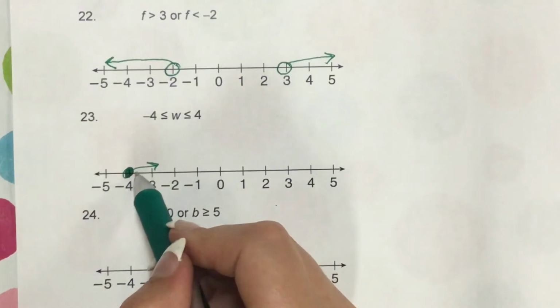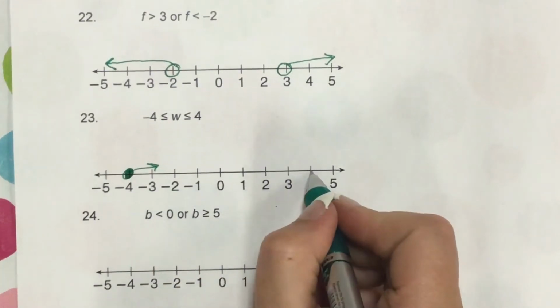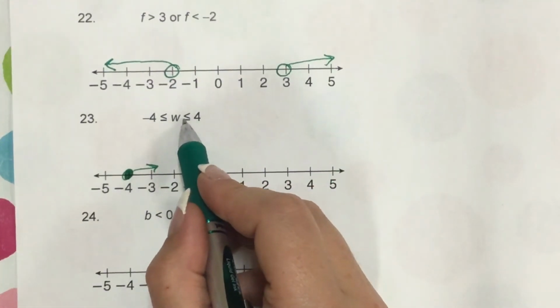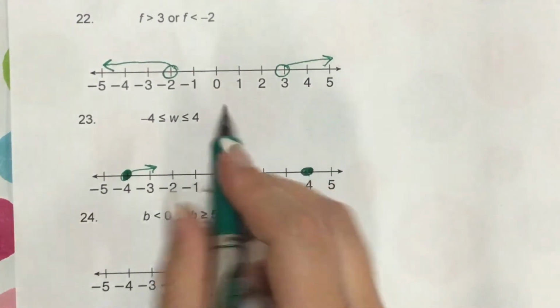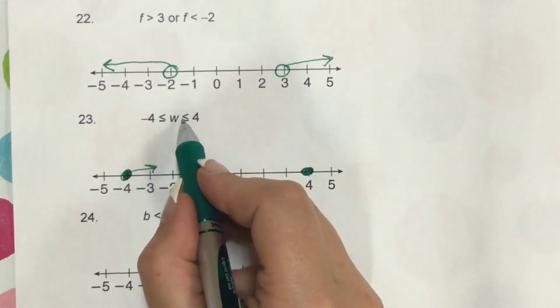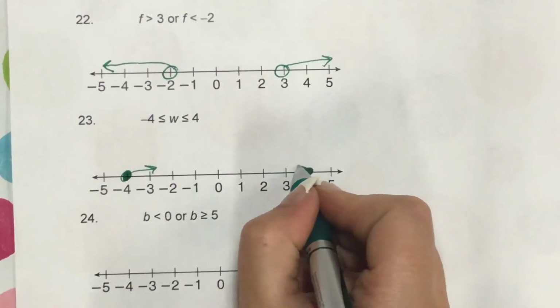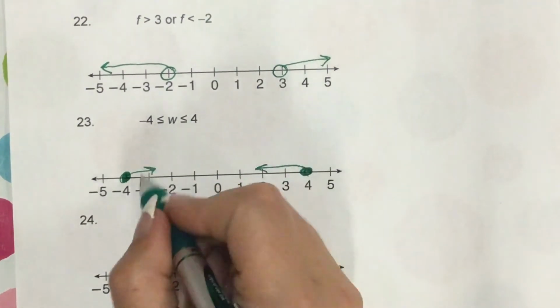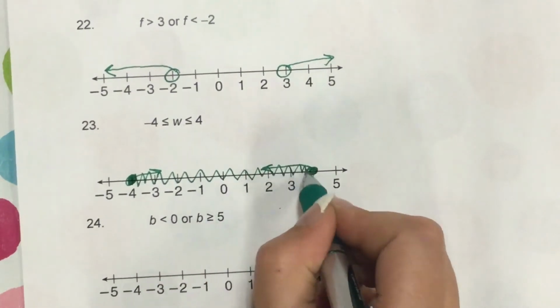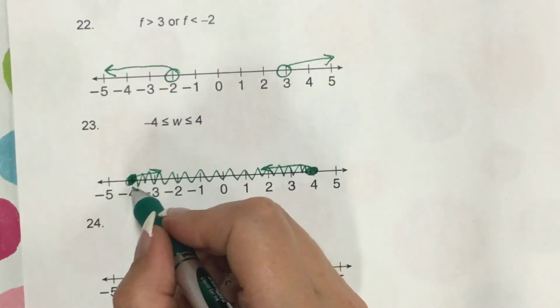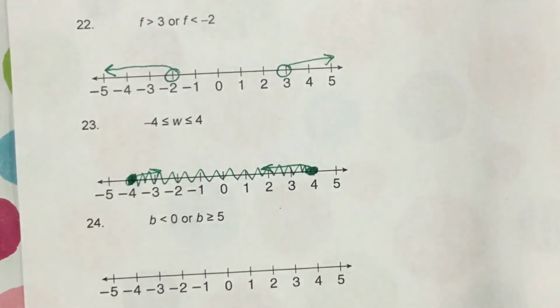And w is going to go all the way up to +4, and it's less than or equal to, so it can equal 4. So we're going to close the circle, but w is everything less than or equal to 4, so it's numbers that are less than 4. So that means our solutions would be everything for w in between and including -4 and 4. So if you got that one right, great job.